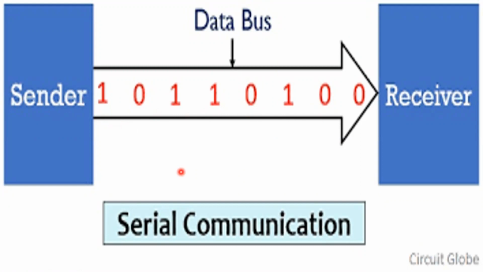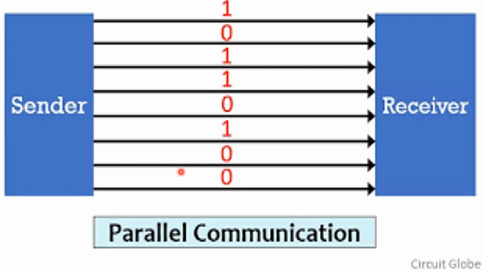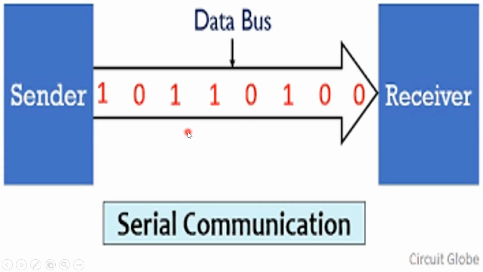Now the question arises: among serial and parallel, which one is faster? The answer is parallel communication. In parallel communication, the same amount of data is received as was sent, at the same time. Whereas in serial communication, the data is sent one by one, and at the receiver side the bits are assembled to form a byte of data.